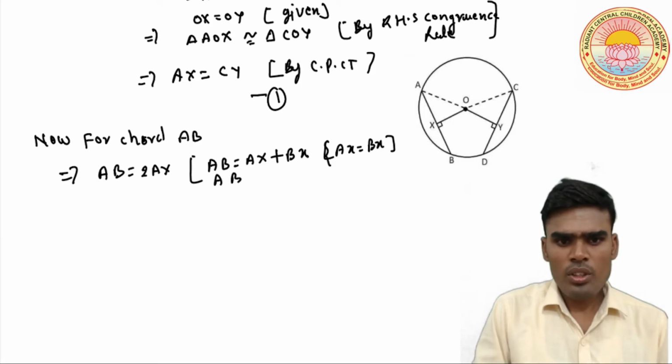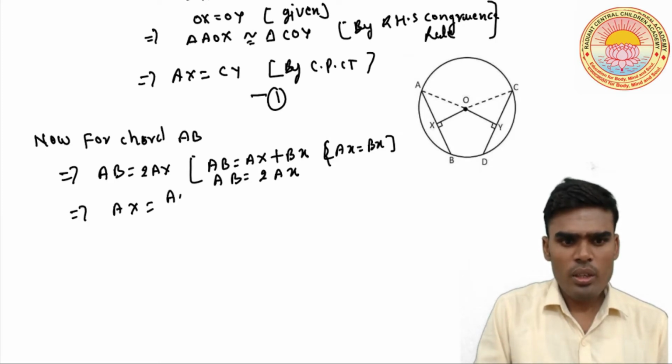So AB is equal to 2AX. Also we can write AX is equal to AB upon 2, equation number second.